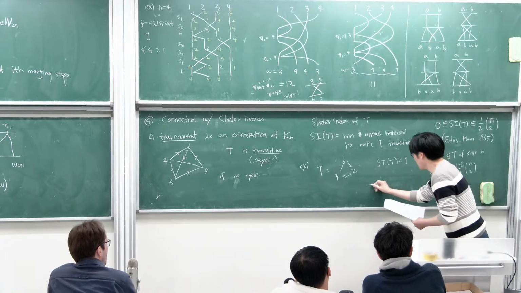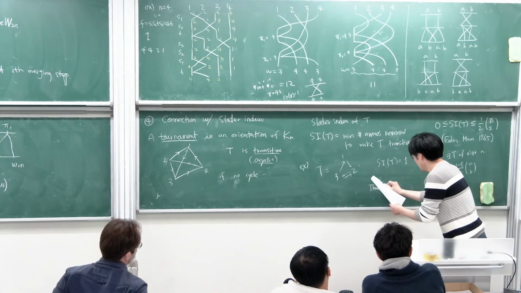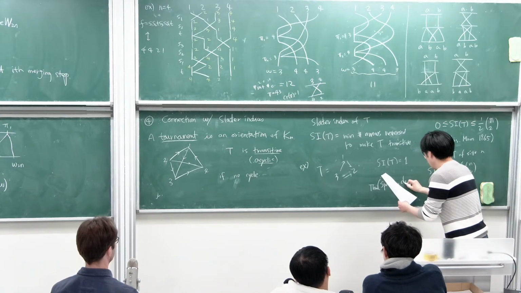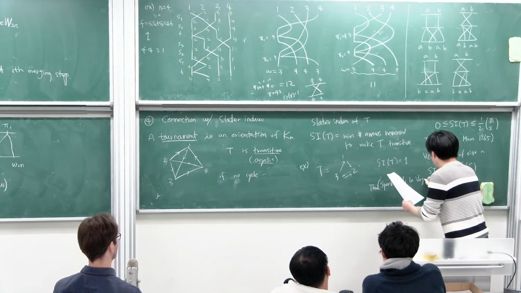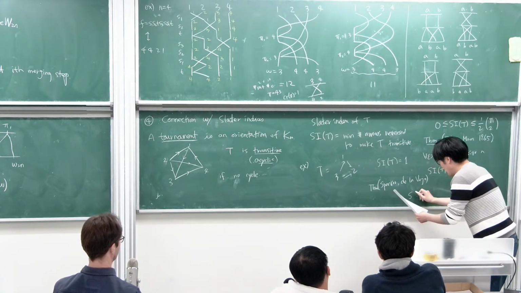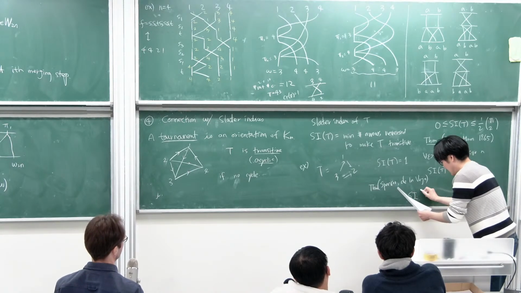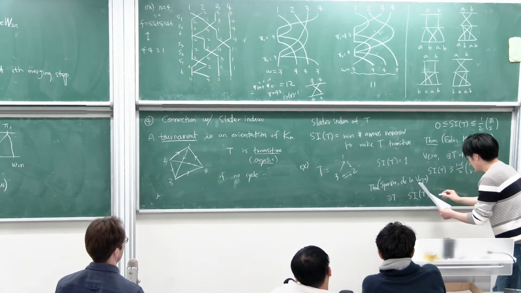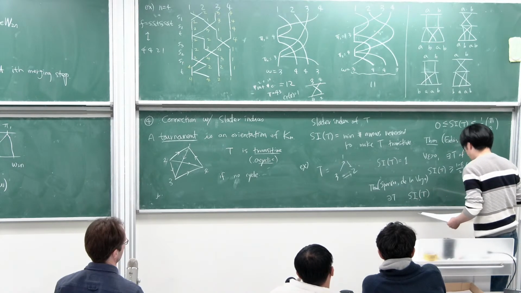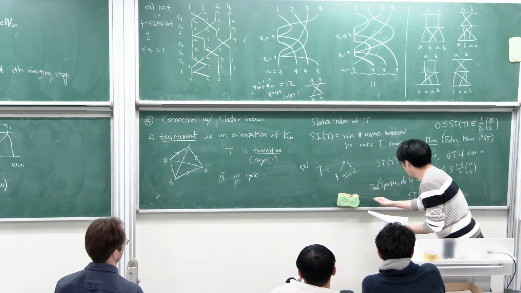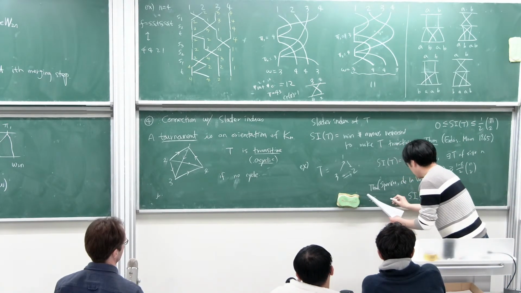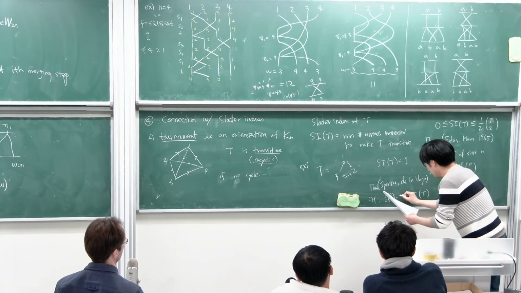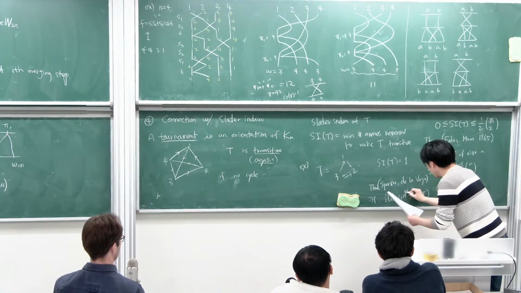And Spencer and de la Vega showed that for large n, there exists a tournament T such that this is c1 n to the 3 over 2.